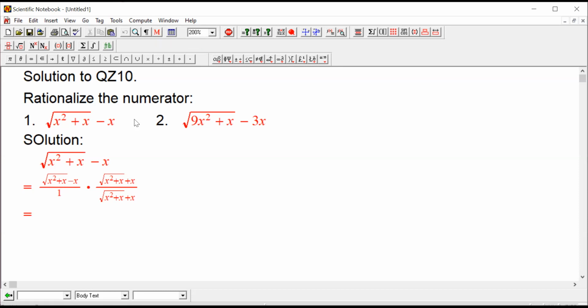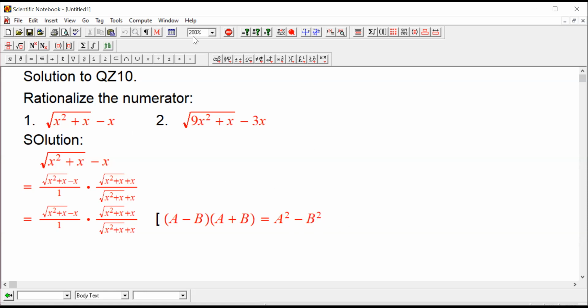The next step, you would use the conjugate property. You take the numerator and multiply the numerator. Of course, most of you know that A minus B multiplied by A plus B, the result of FOIL, is equal to A squared minus B squared.